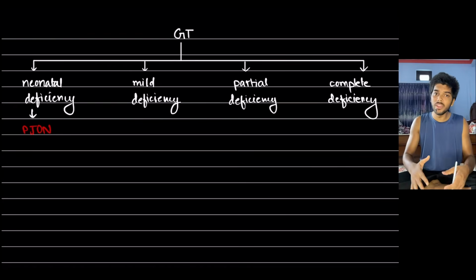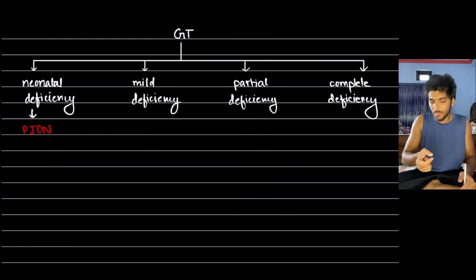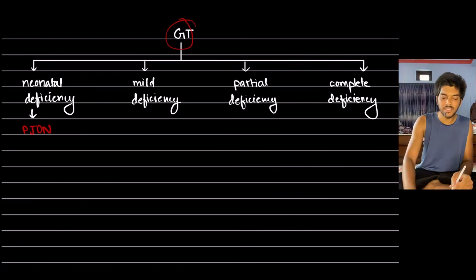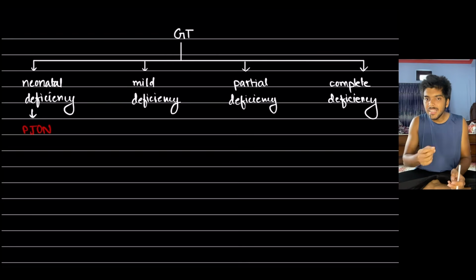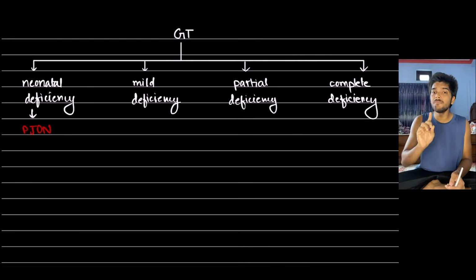In all newborns, normally there is less amount of glucuronosyl transferase in their body, or deficiency of glucuronosyl transferase. The reason being, the expression of the gene that leads to the formation of this protein, glucuronosyl transferase, is still not there.